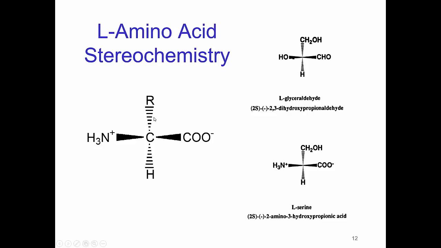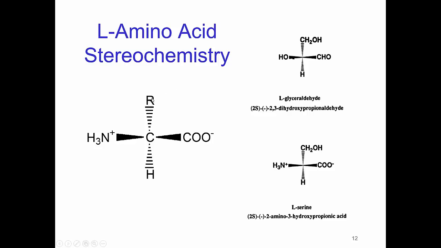Now, there's only one amino acid of the 20 natural amino acids that's different, and that's cysteine. In cysteine, this R group is a CH2SH. So we have a carbon here and a carbon here, and this is attached to 3 oxygens, but this is attached to 2 hydrogens and a sulfur. Sulfur has a higher atomic number than oxygen. So even though there are more oxygens here, it doesn't matter.